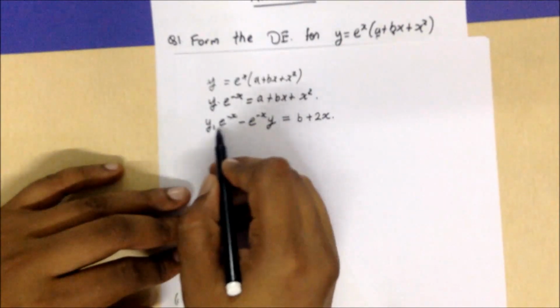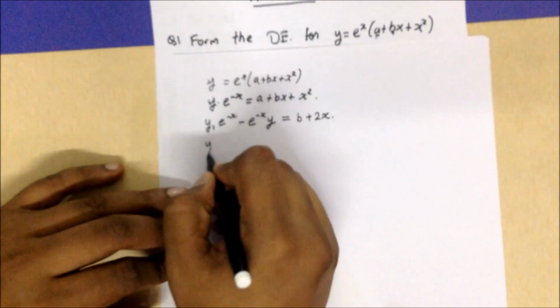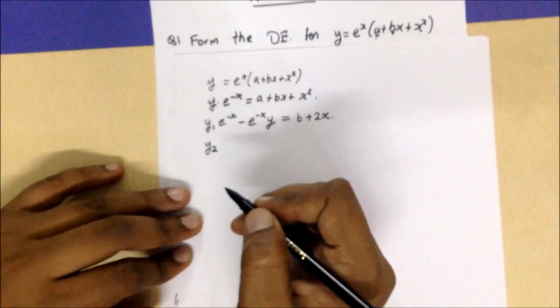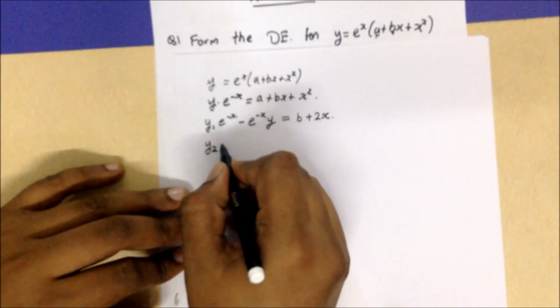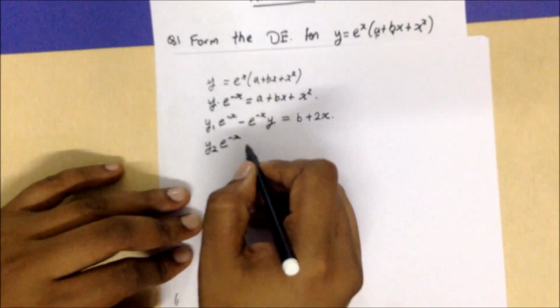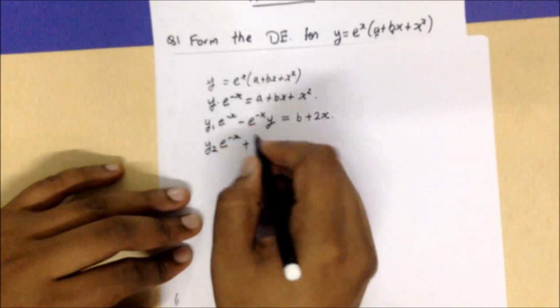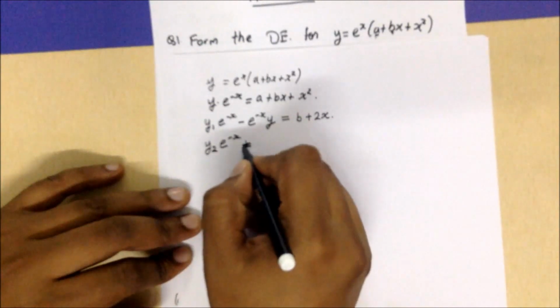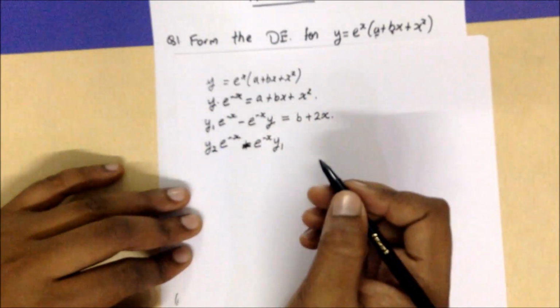Now again you have a uv rule over here, so you will have y2, the derivative of y1, so it's going to be the second derivative of y into e raised to minus x as it is, plus the derivative of this. Since it's the derivative of e raised to minus x, it's going to be minus e raised to minus x into y1 as it is.